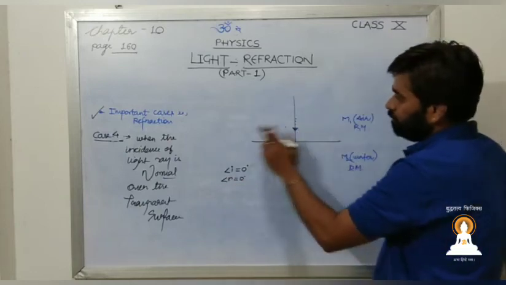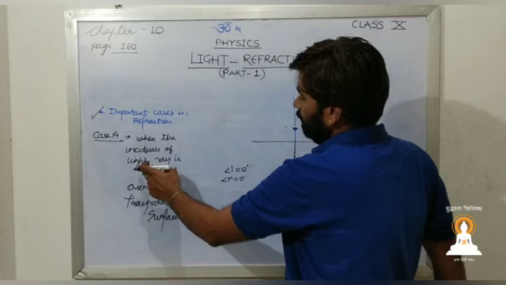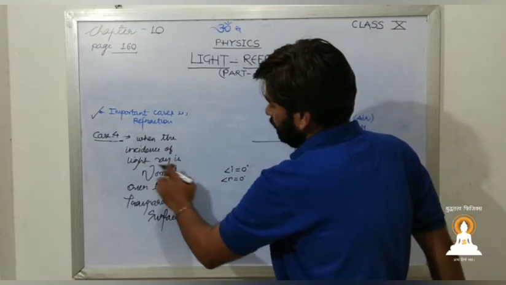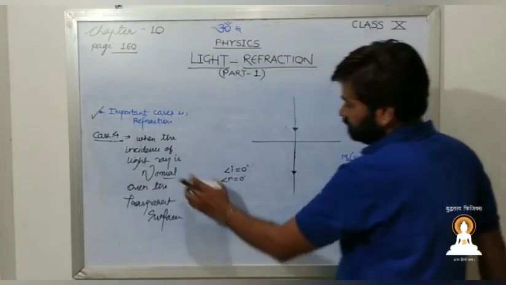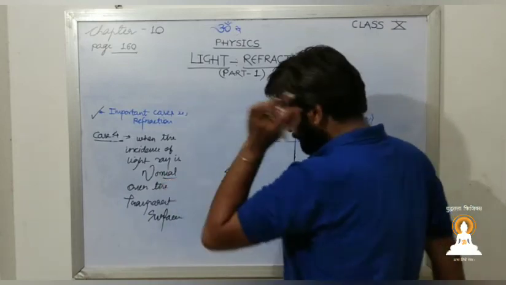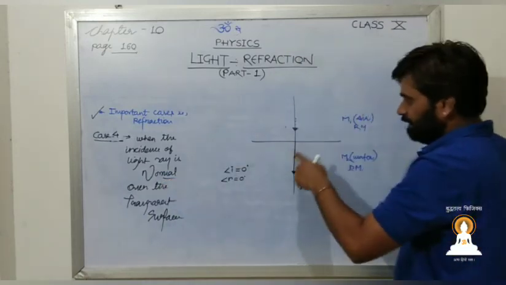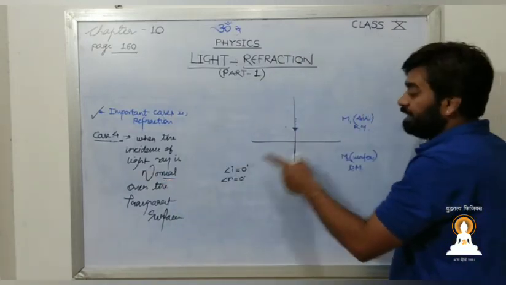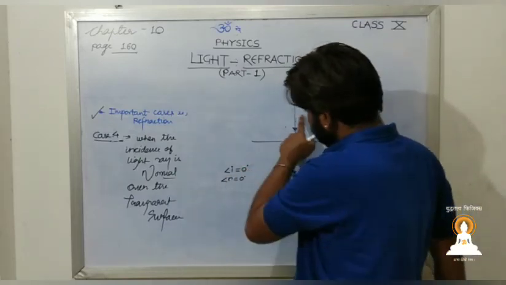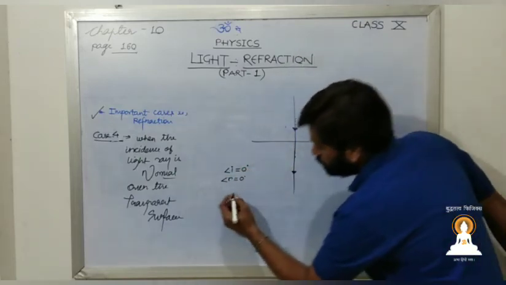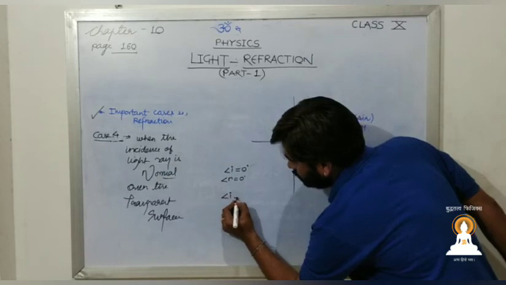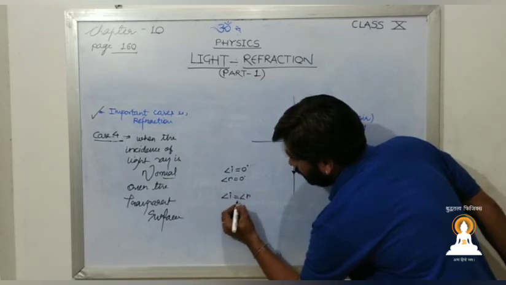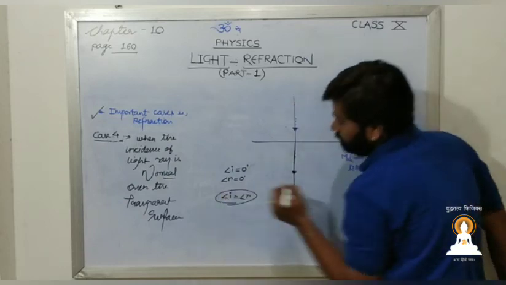So don't get confused when the incidence of light ray is normal. Normal means, in general we think it is 90 degree. Definitely it is 90 degree with the surface, but the angle of incidence becomes 0. So here angle I is equal to 0 degree.